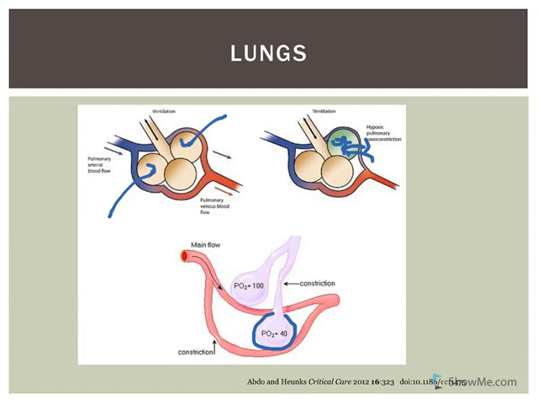So the vessels serving those poorly ventilated alveoli constrict, and we divert blood away from that poorly ventilated part of the lungs.